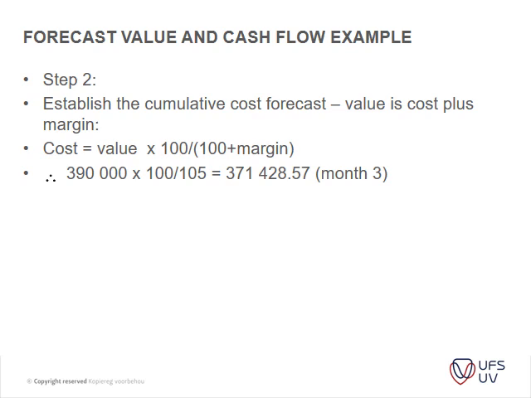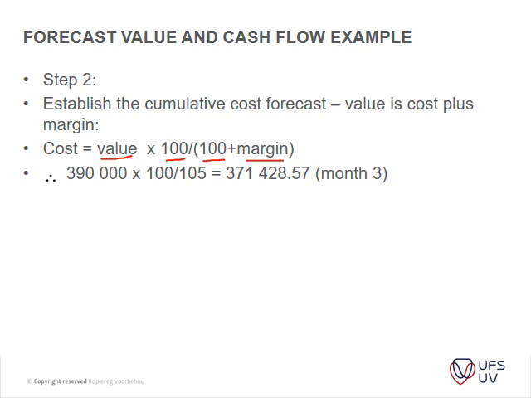Step 2 of the example is to establish the cumulative cost for this project. So your cost is your value of work done times 100, divided by 100 plus your margin.